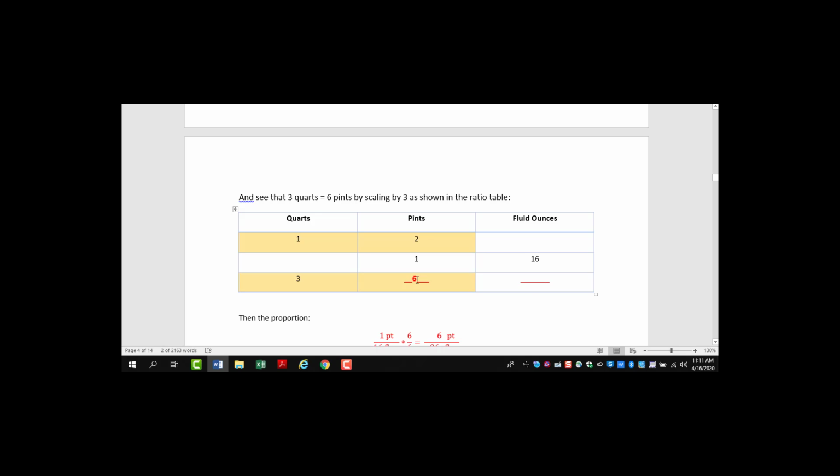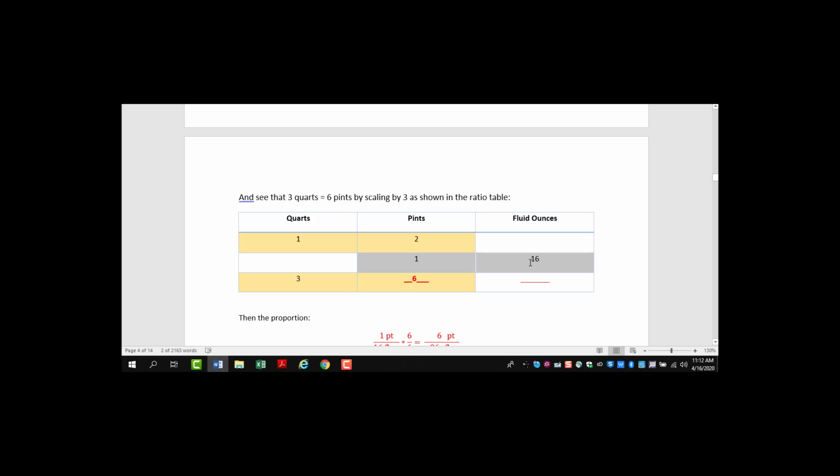from pints to fluid ounces right here. This is a table of values. So 1 quart is the same as 2 pints. 3 quarts is the same as 6 pints. We don't know the answer to these here, and we're trying to find out this. 6 pints is the same as how many fluid ounces? We have a conversion between pints and fluid ounces.